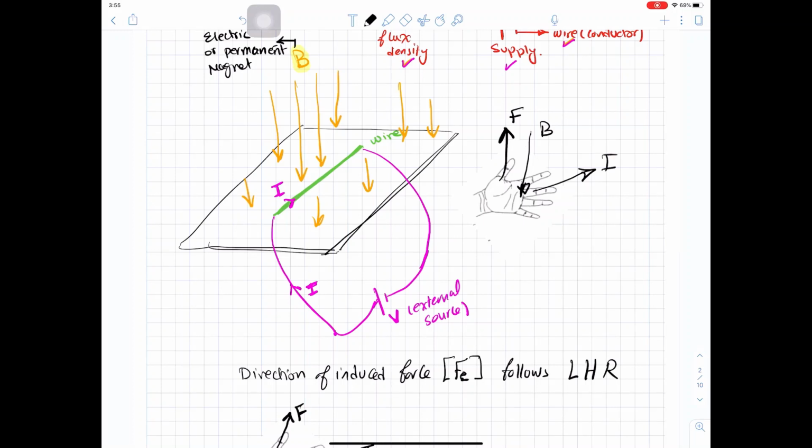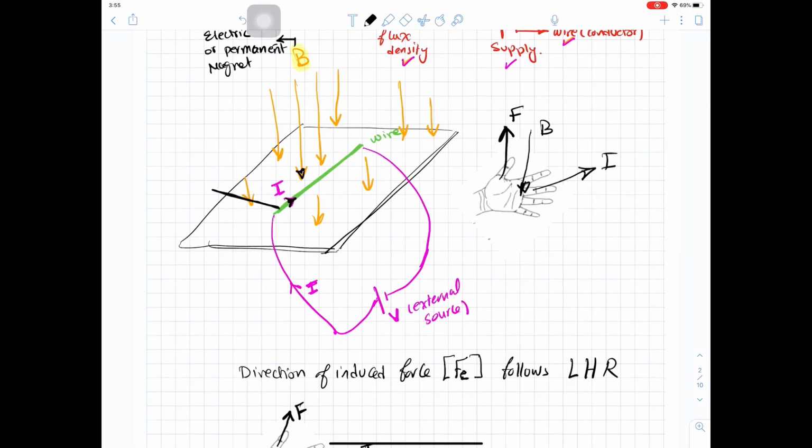So here is the current, the flux is going down, so the force will be going in this direction. So this is the direction of F induced according to the left hand rule. Okay, so just let's rotate the hand so you can see it.